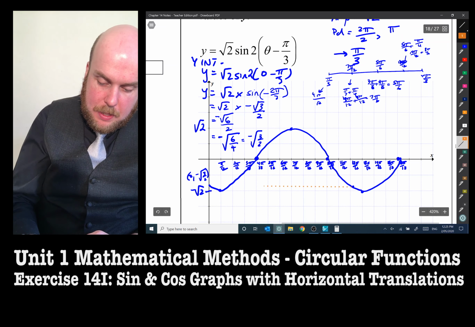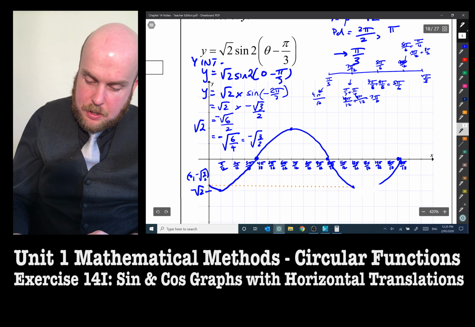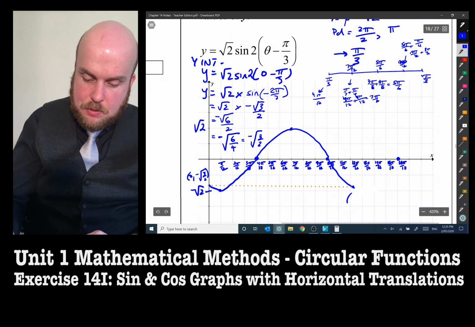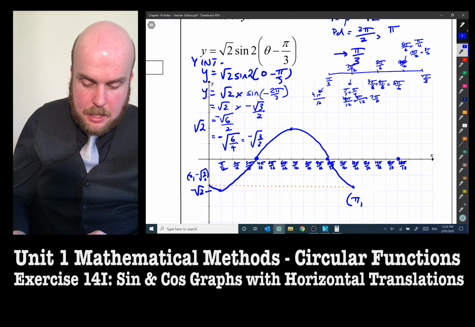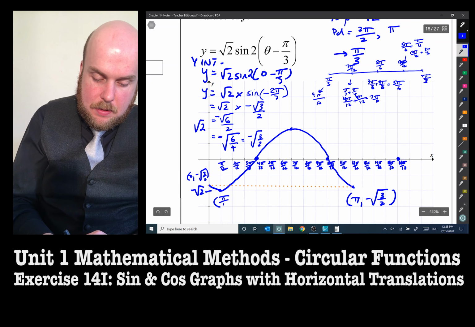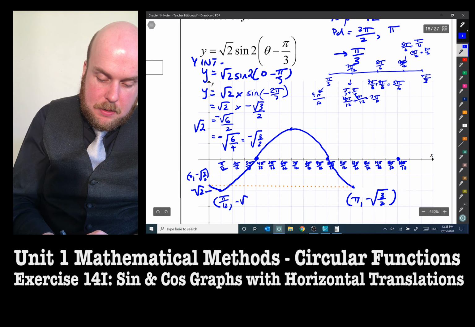So what we'll do is we'll erase all of our hard work from here. And we have now drawn one complete cycle. So this is going to be pi, and this is negative root 3 on 2. We've got 0, root 3 on 2. We've got pi on 12 at negative root 2.